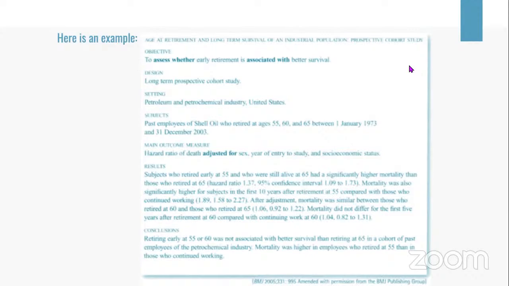Okay, thank you so much. As you can see, this is an example, and we have the objective, the design, setting, subjects, main outcome measure, results, and conclusions. Okay, do you have any questions here?